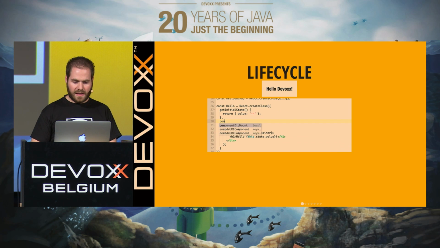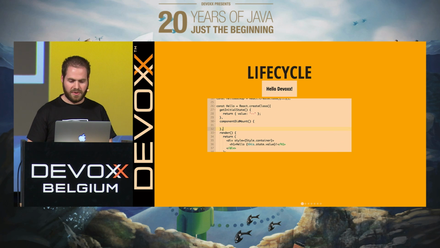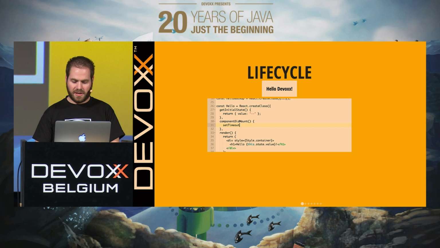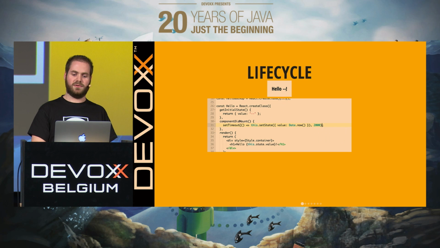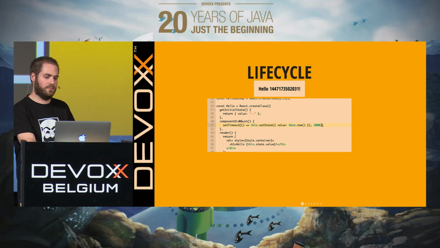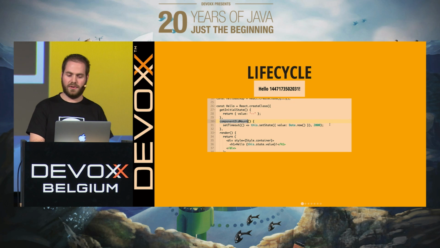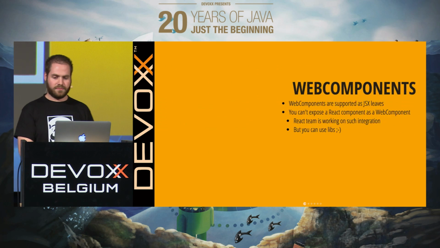And now, if I use componentDidMount, it will be triggered whenever the component is mounted into the DOM, I will say to it that I want to mutate the state and assign a new value to value. So if I save, I will have the default value, and 2 seconds later, the new value. So it's this kind of thing you can do with the life cycle. Here is a good place to call some web services or something.